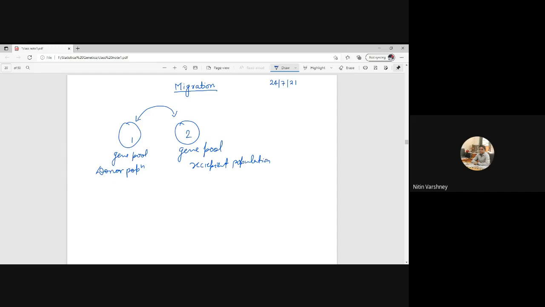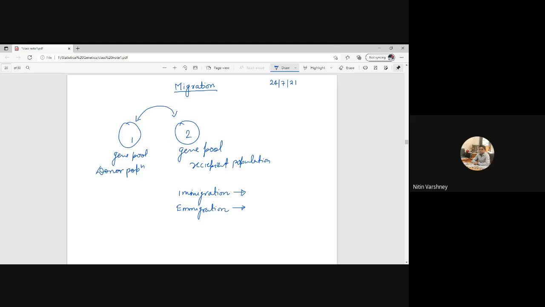The recipient population depends on the rates of immigration, and there is another term, emigration. These two terminologies are important. Whenever you travel by air, there is an immigration certificate, so immigration is also there.